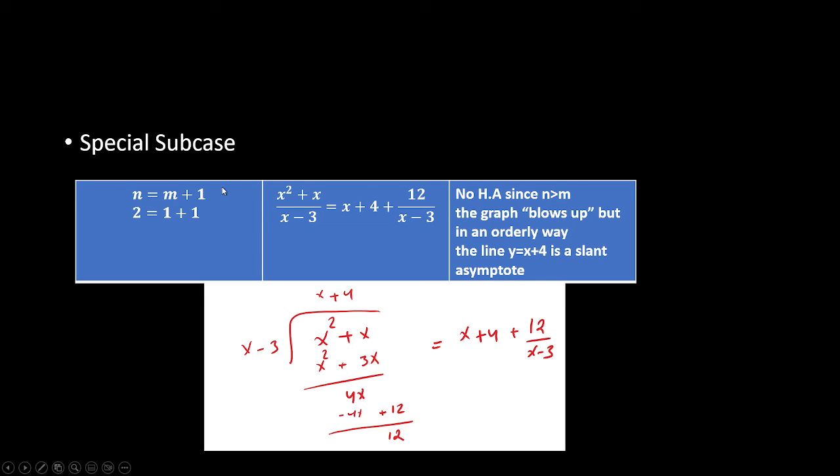But this special format is called a slant asymptote, or oblique asymptote, that's another word. So in order to find it, you do synthetic division, and the quotient you get is a line, which is the slant asymptote.